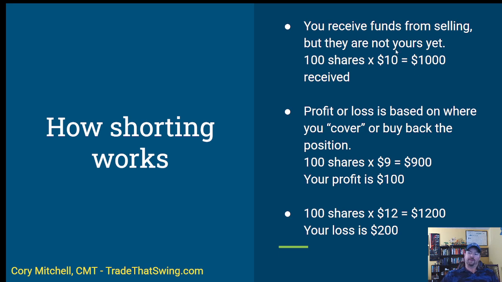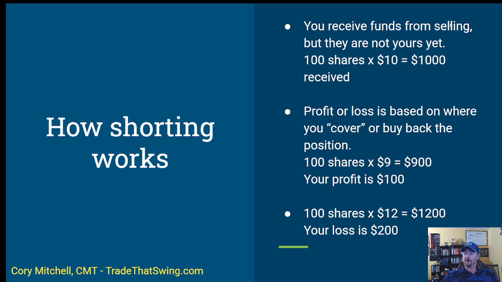You sold this at $10 and received $1,000. If crazy good news comes out overnight and the next day this stock is trading at $30, what do you have to buy back? $30 times 100 shares. You're losing more than you even received for the trade.